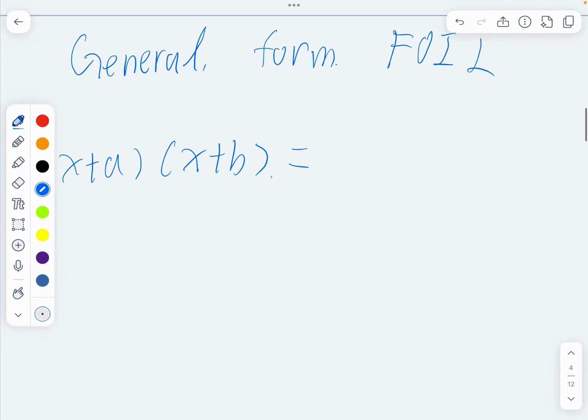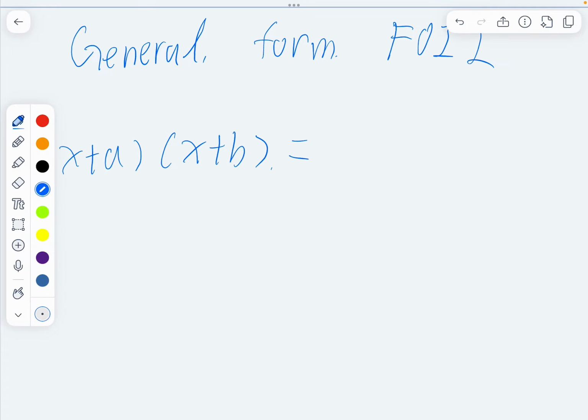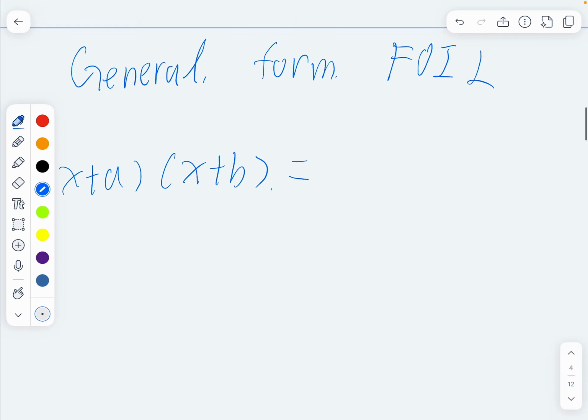Okay, so now we can do the general form. Now we don't need to draw the table for each question. So what's the general method? First, we calculate the first term, which is the first number of the two terms.